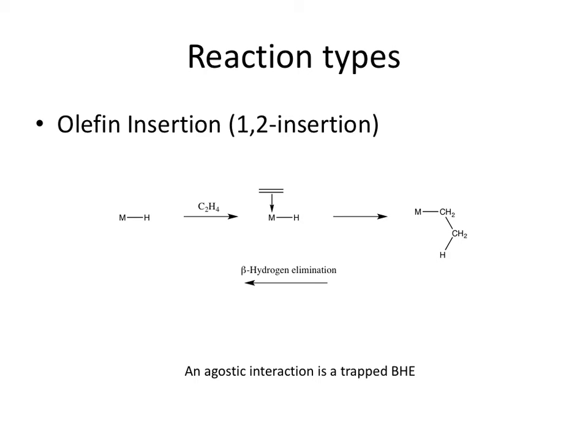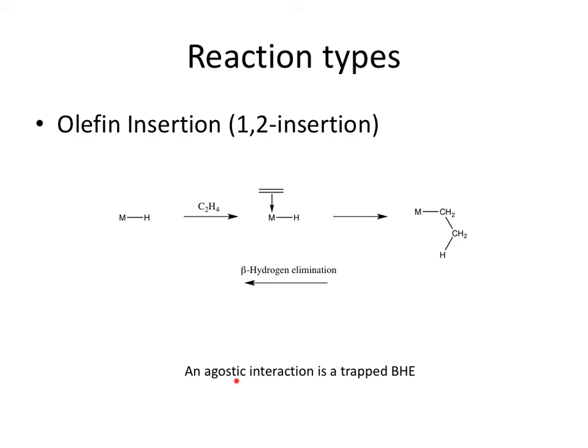The reverse of this reaction is the beta hydrogen elimination. So this hydrogen is on the beta carbon, and when you do a beta hydrogen elimination, you form the metal hydride and an ethylene complex. So an elimination reaction is the microscopic reverse of an insertion.